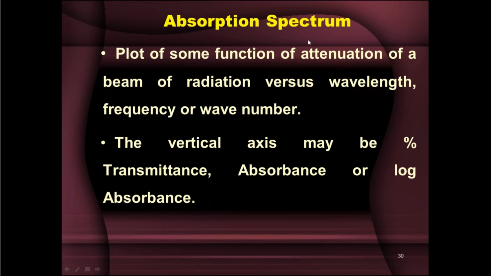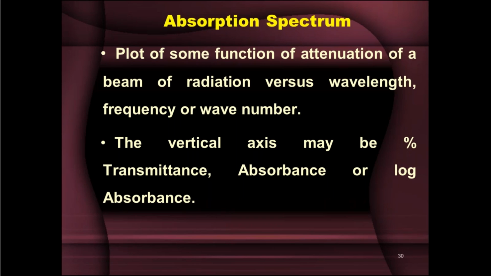Now, the absorption spectrum, that too in the UV visible region, is usually a plot of wavelength on the x-axis and absorbance on the y-axis. It is different for, say, the IR absorption spectrum. In the case of an IR absorption spectrum, by convention, it is percentage transmittance on the y-axis versus wave number on the x-axis.